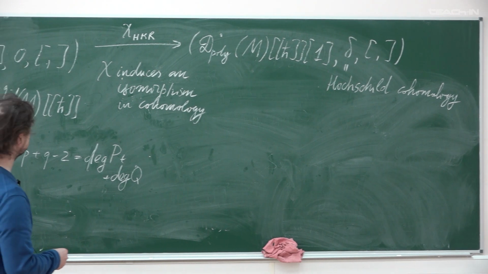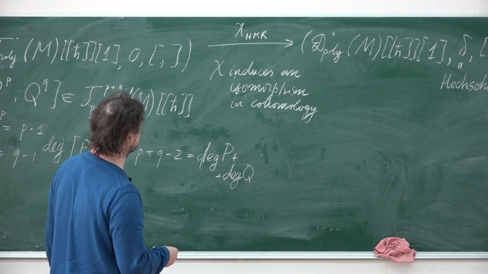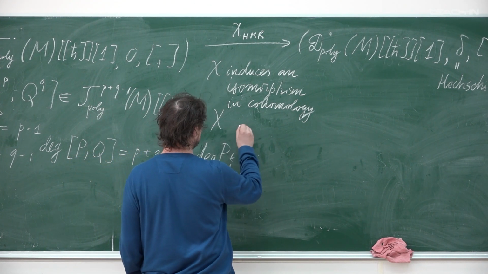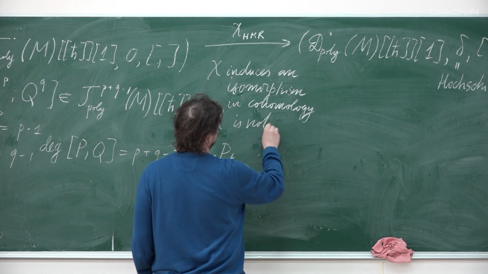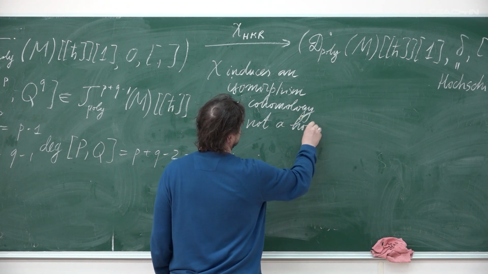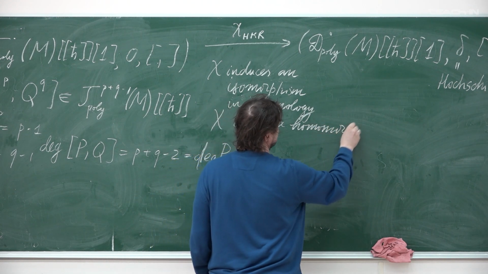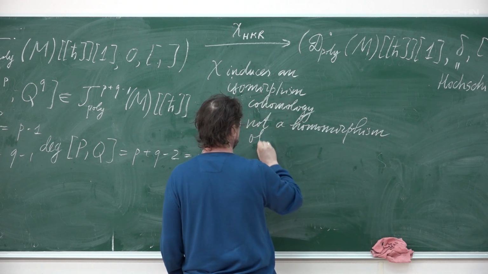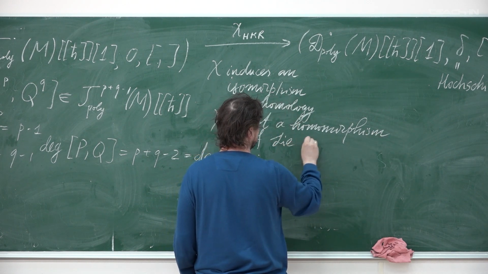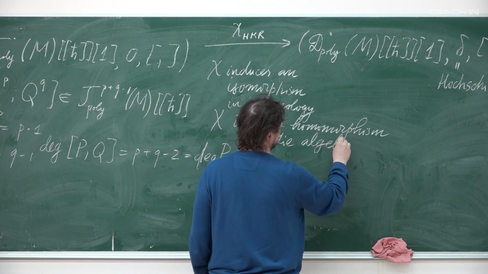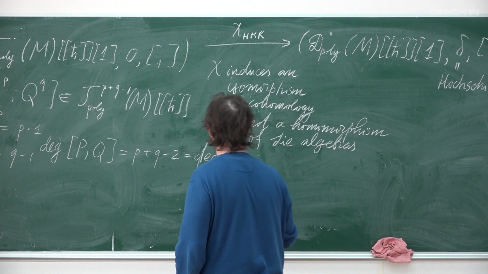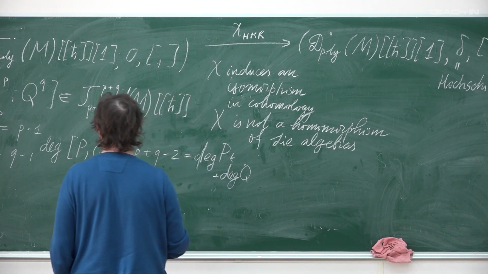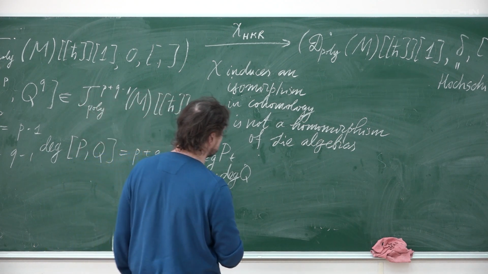So we can say that, in fact, Hochschild-Kostant-Rosenberg map, even though it is not a homomorphism of Lie algebras, it still induces an isomorphism on the level of Lie algebras, of cohomology Lie algebras.